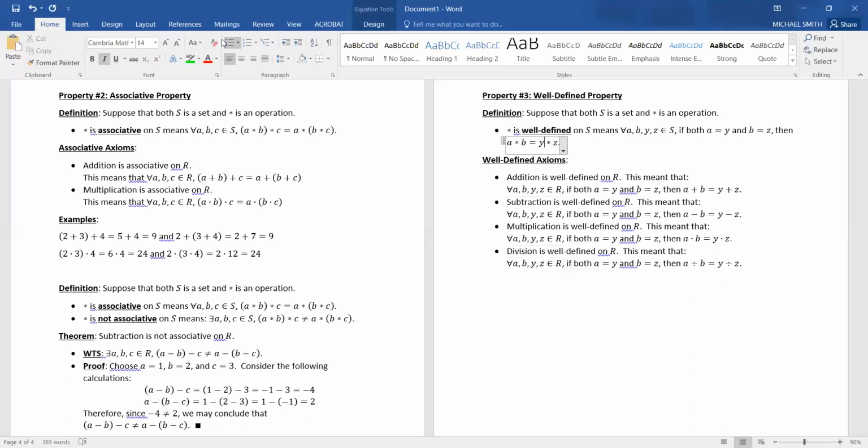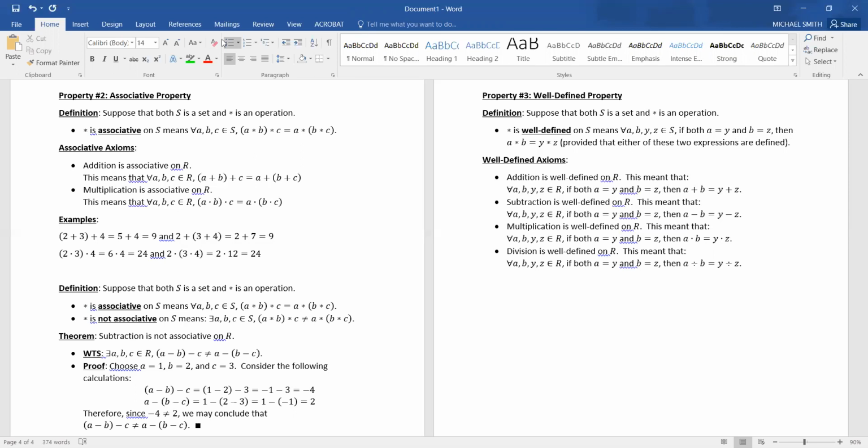The way we get around this is we say that A star B equals Y star Z, with the caveat, provided that either of these two expressions are defined. This means division is still well defined, even though division is not always defined.